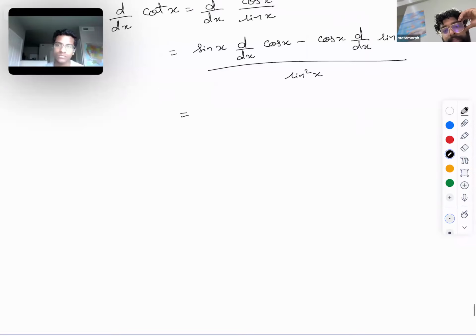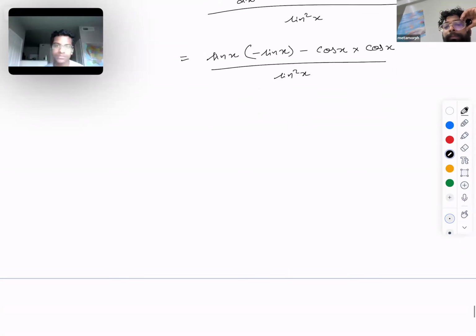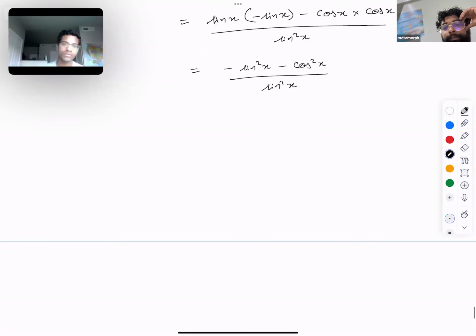So sin x d by dx of cos x is negative sin x, minus cos x d by dx of sin x is positive cos x, over sin squared x. So that's the same as negative sin squared x minus cos squared x over sin squared x. That will give me negative 1 over sin squared x, which is negative cosec squared x.